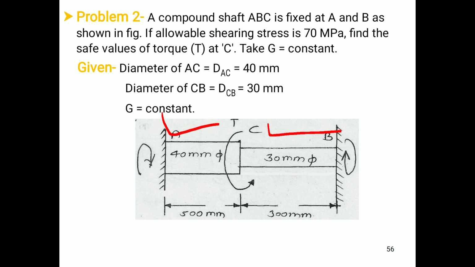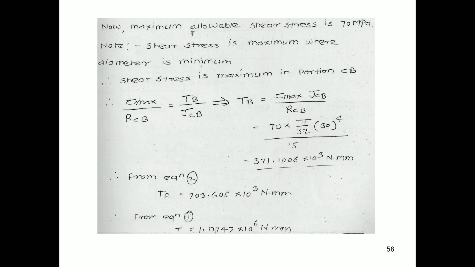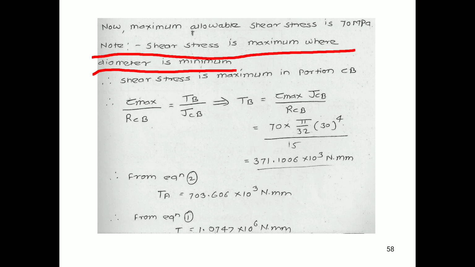But how to decide in which shaft the maximum allowable shear stress will occur? Remember that the maximum shear stress always takes place in the minimum diameter shaft. That is, as per the note given, shear stress is maximum where diameter is minimum.